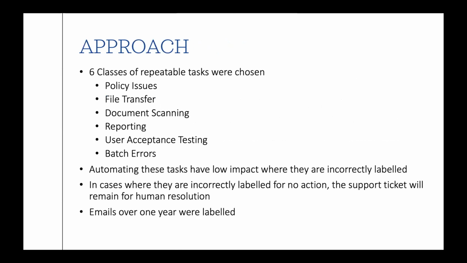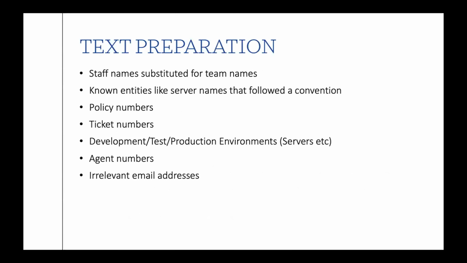So we identified 6 typical issues that they get throughout the year that tend to be repetitive in nature to resolve, and also low impact in terms of if they were classified incorrectly. And we took emails from over 1 year and labeled them to train the model.